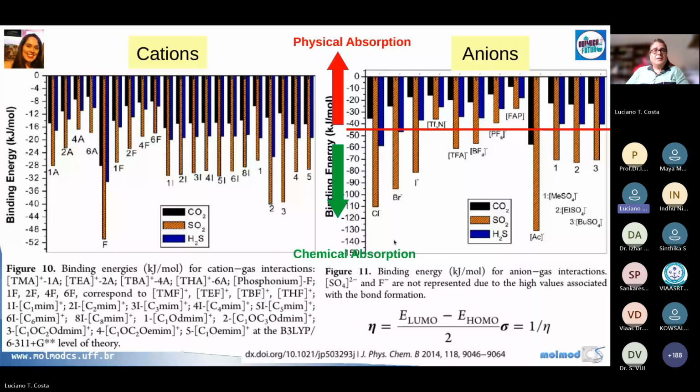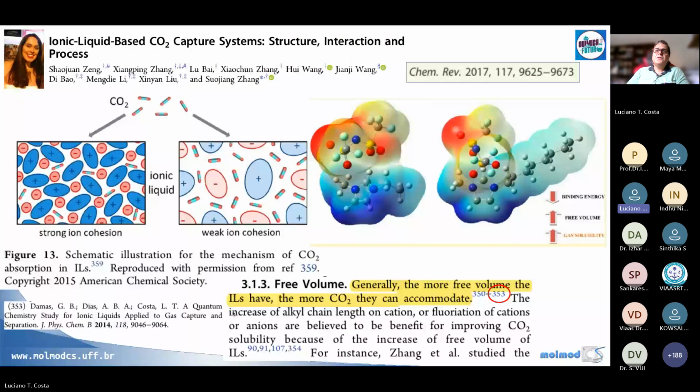And this publication in Chemical Reviews in 2017 cited our work as a support for this picture where they explained the strong ion cohesion in ionic liquids, producing small cavities, small empty spaces, in the ionic liquids.